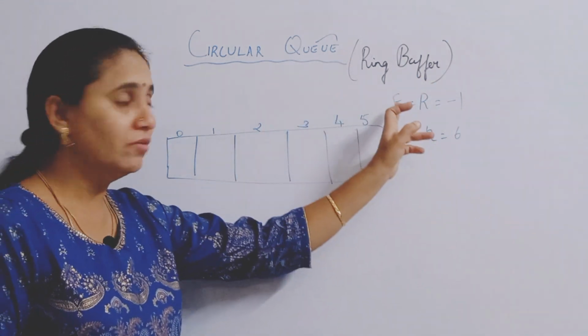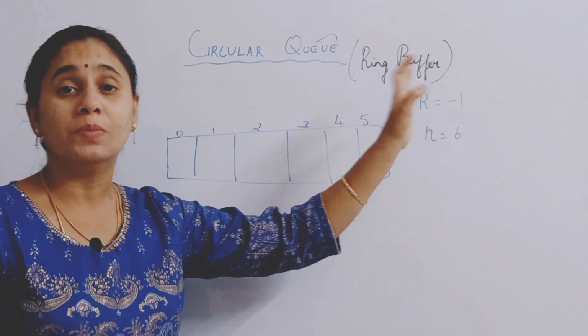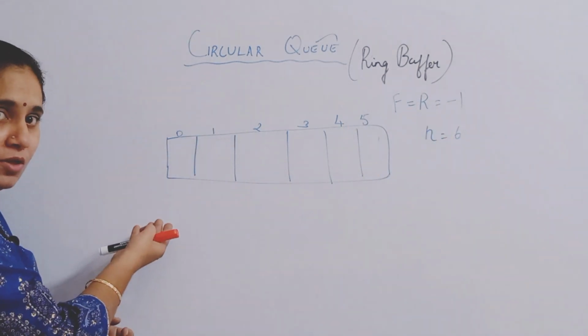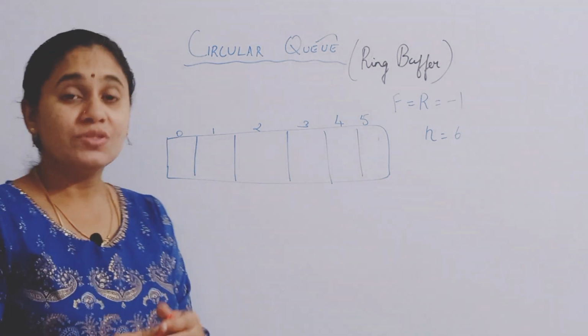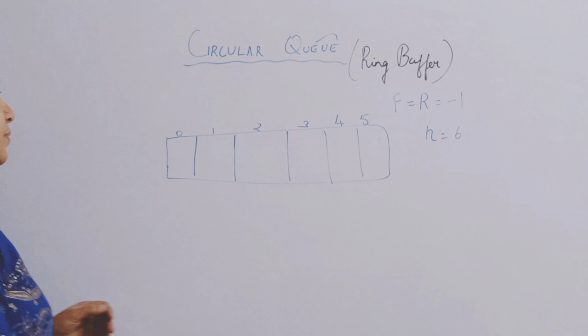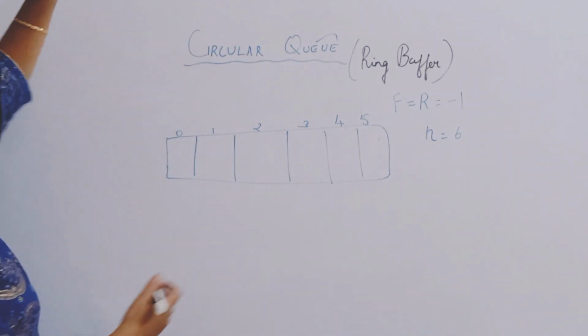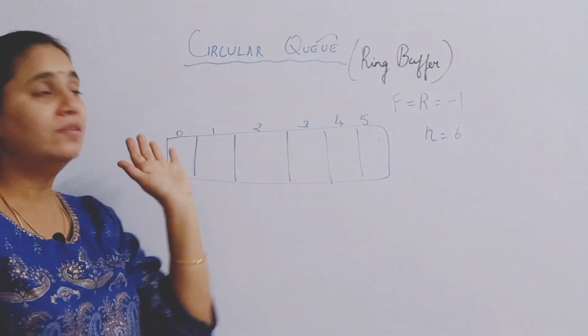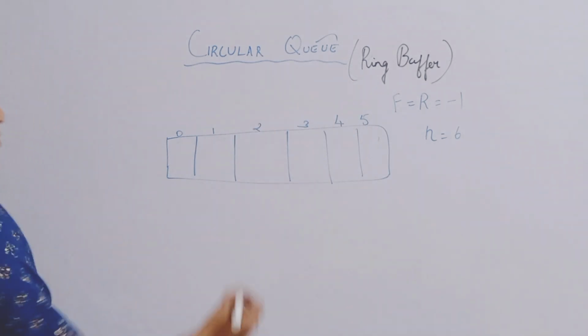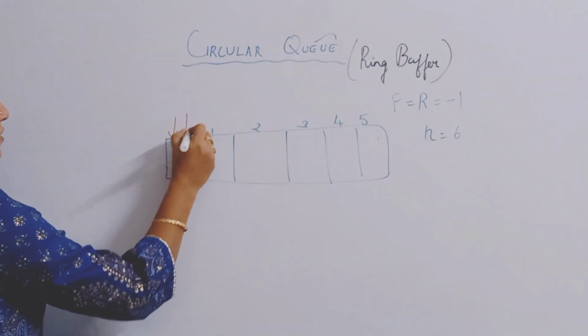Okay, so if front and rear pointers are equal to -1, the queue is empty. Isn't it? Now it is empty. Okay, so now we are going to start inserting the elements using the circular queue format. So now we are going to make the rear and front pointers come inside the data structure. Okay, so now like this I am making.